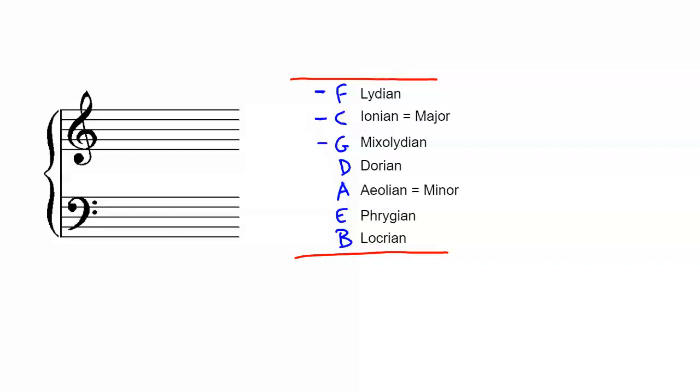So 3 flats is B flat Mixolydian mode. If someone were to ask you the key signature for A sharp minor, then you can just count 1, 2, 3, 4. On the 5th one we go through the portal, 5, 6, 7, and you get back to Aeolian. So 7 sharps in A sharp minor.